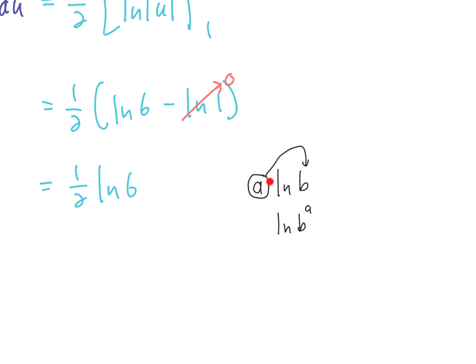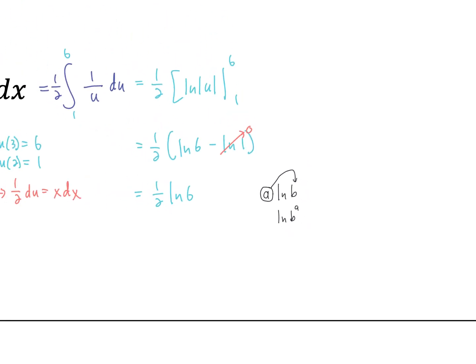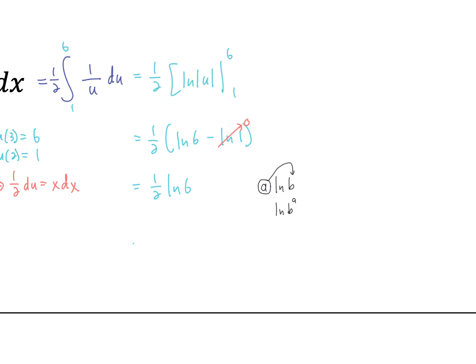So anything that's multiplied by a log, you can bring in and make it the exponent of the argument. So we could do that here. This 1/2, we can make an exponent of 6. And that's really ln of root 6. So just in case you get an answer and maybe it's multiple choice and this isn't one of the answer choices, just know that they'll do things like this when there are logs. They'll use those log properties to rewrite it.